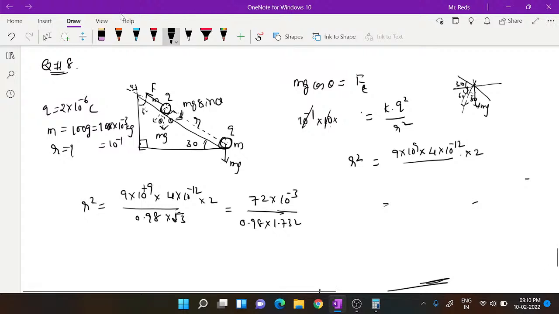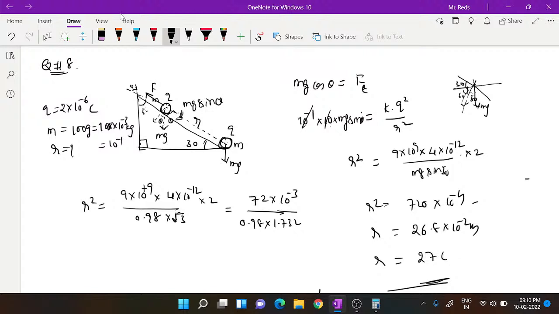So mg sin theta is mg sin 30. Here this gets cancelled, so you'll get r square. Simplifying this, r square is equal to 720 into 10 to the power minus 4. You will get r is equal to 26.8 into 10 to the power minus 2 meters. So r is equal to 27 centimeters.